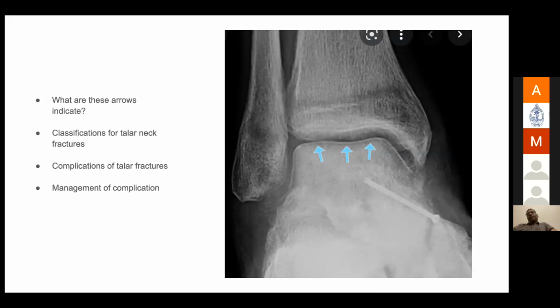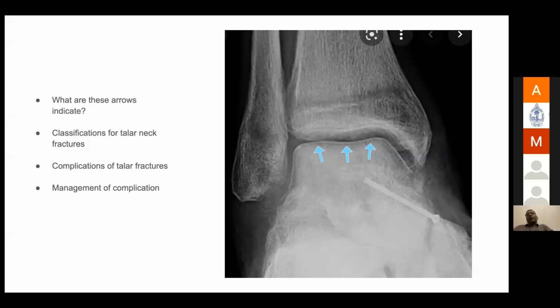No, talonavicular. Type 3 is actually, yes, so type 3 is type 2 with ankle subluxation. In type 4, you have complete dislocation, the ankle subluxation. So, depending on the type of the fracture, the avascular necrosis chance increases.